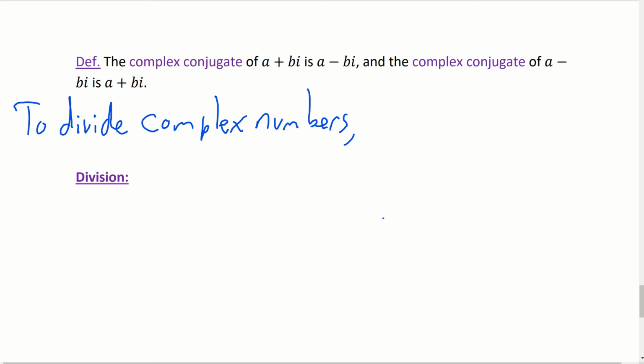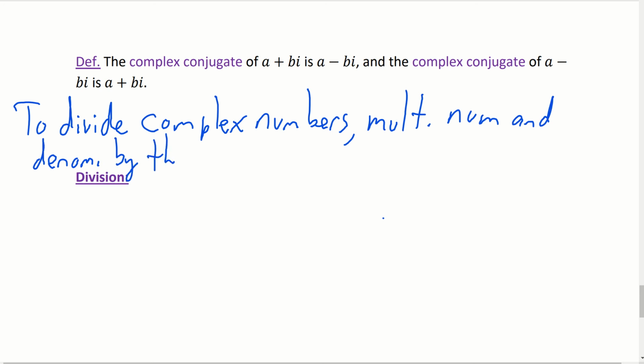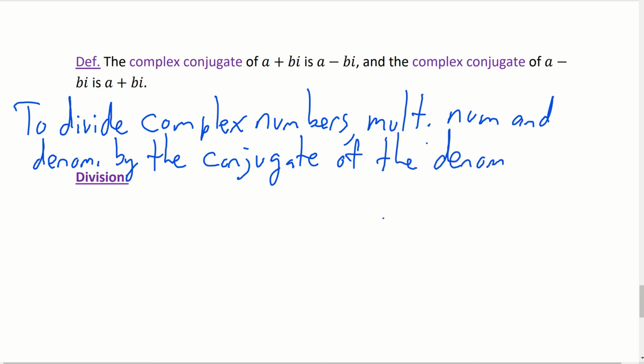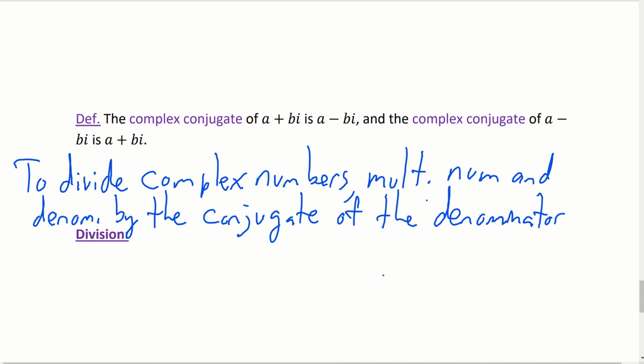What we need to do is multiply the numerator and the denominator by the conjugate of the denominator. So what would the conjugate look like?